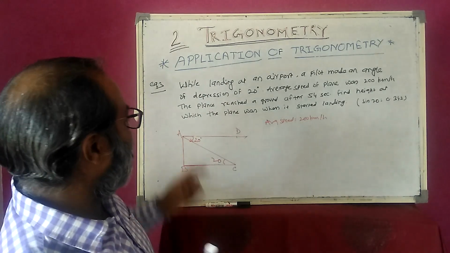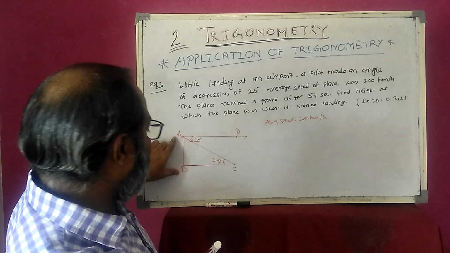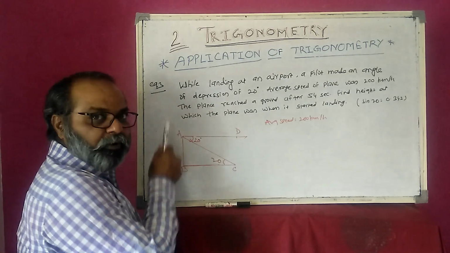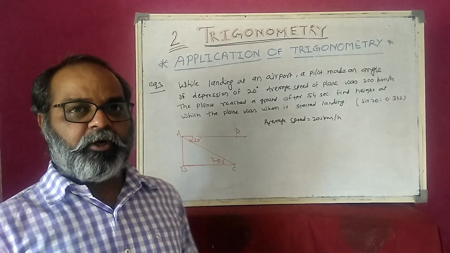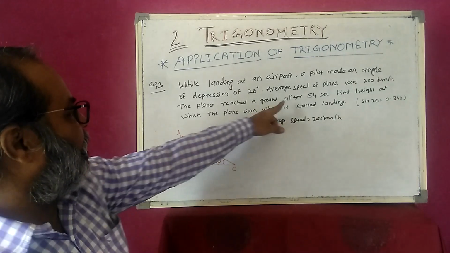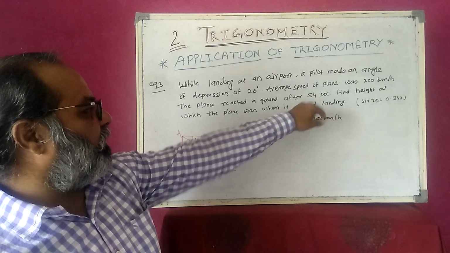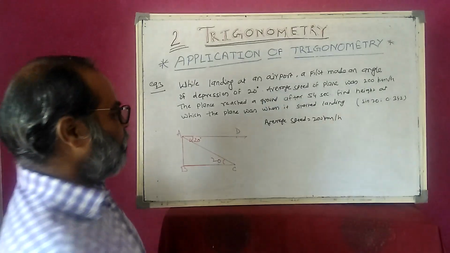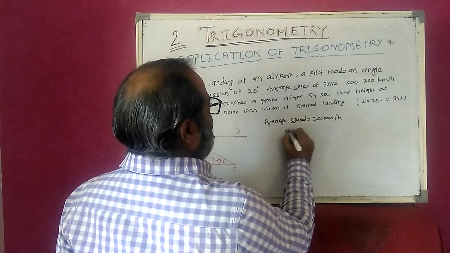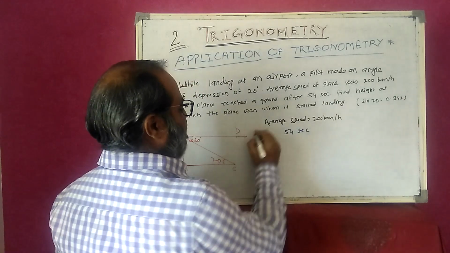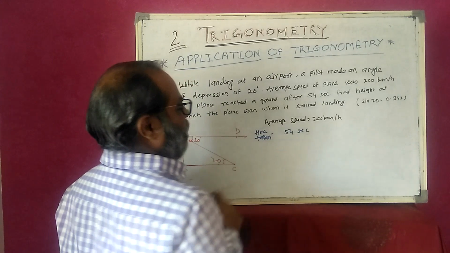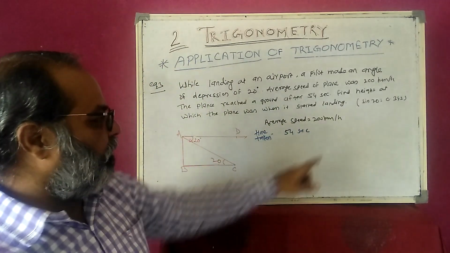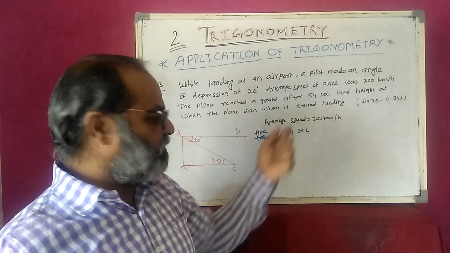Now we want to find the AB from which the plane is going to land. The average speed given is 200 km per hour and the plane reaches the ground after 54 seconds, that is the time taken. Here speed is given in kilometer per hour, and time in seconds.